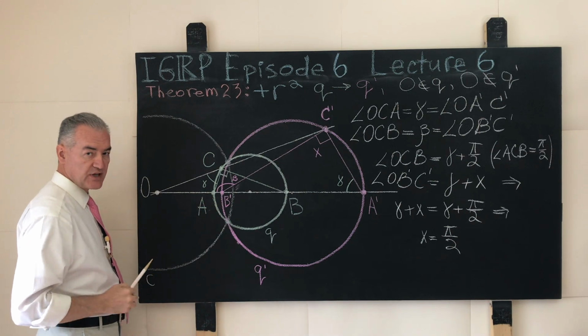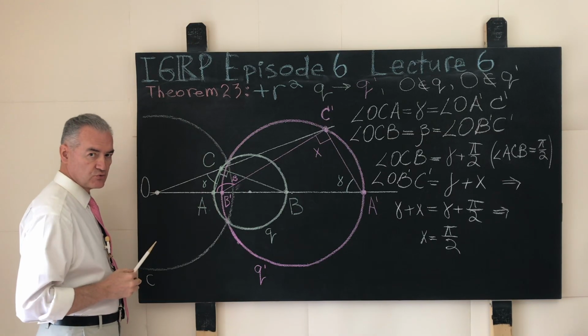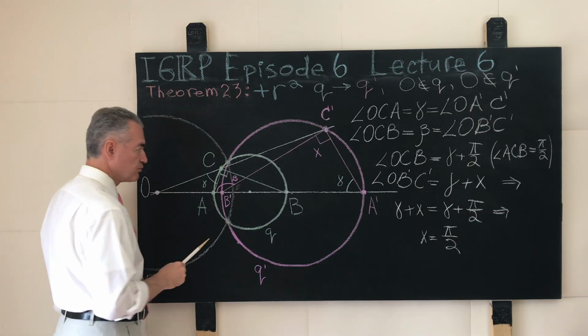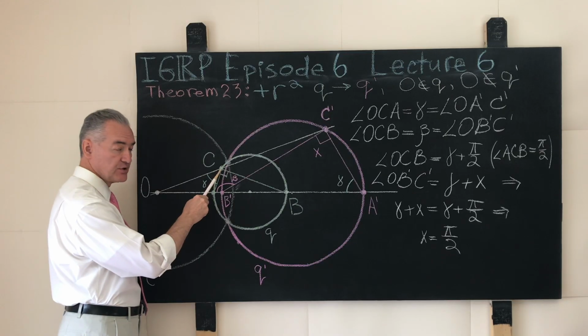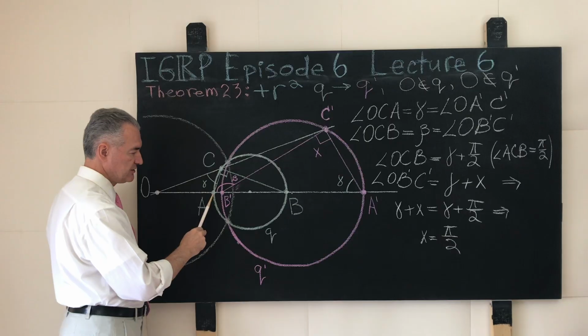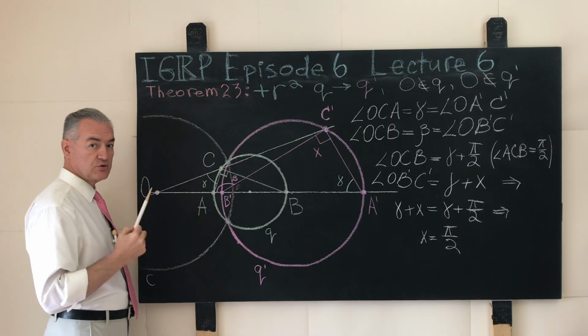Wonderful. So what was the next step in our template that we used to prove theorems 15 through 19? We grab an arbitrary runner point, let's say C, on the given circle. That should be technically distinct from the points A and B, for example, this one. And what do we do with this point?